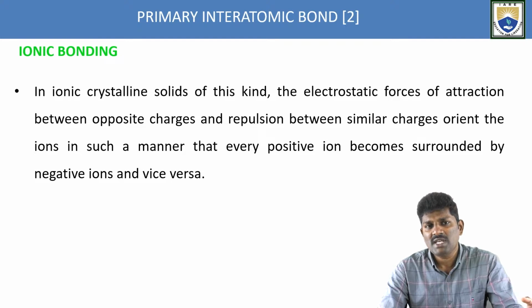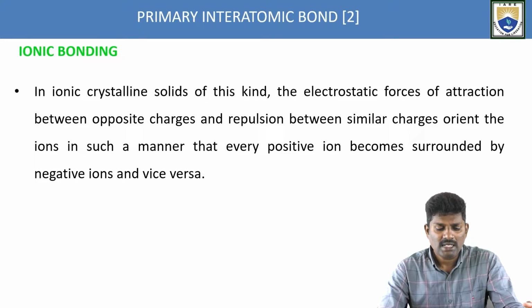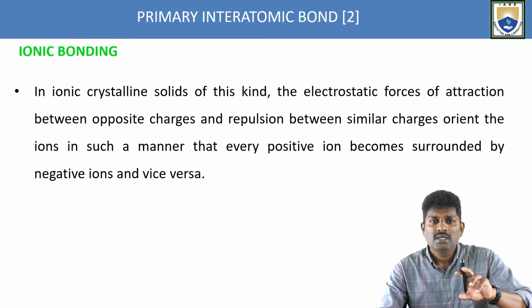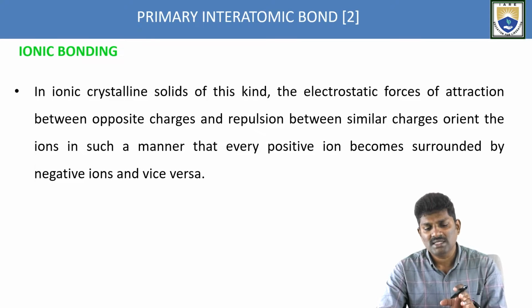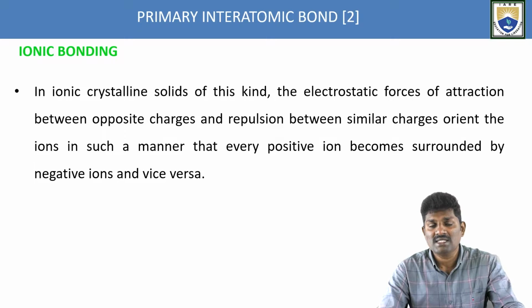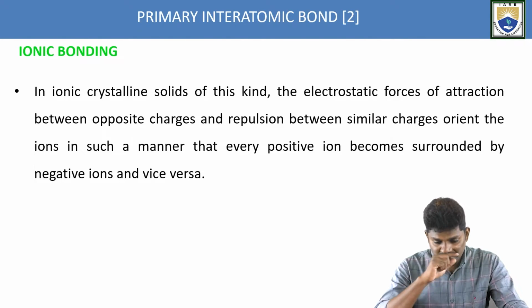If you have the same charges, there is no attraction between the atoms. So the arrangement should always be such that opposite charges are together. If it is positive, then you have to arrange it next to negative. Because of these opposite charges, there is a lot of electrostatic force of attraction, and thus you have strong bonding between the atoms.